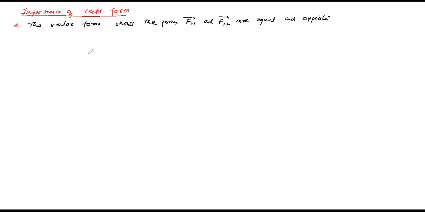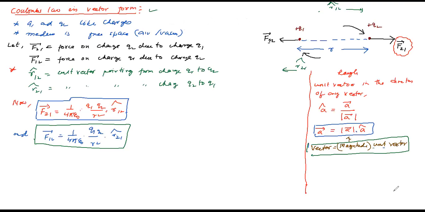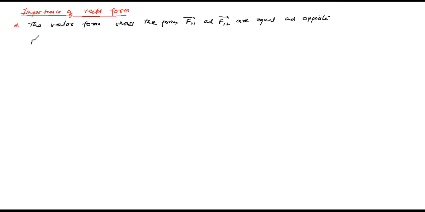Let me make these things clear. As we know, in our F21 we got this value, so I'm writing these two values here. F21 equals 1 by 4 pi epsilon naught q1 q2 by r square, and the direction is r12, the unit vector.